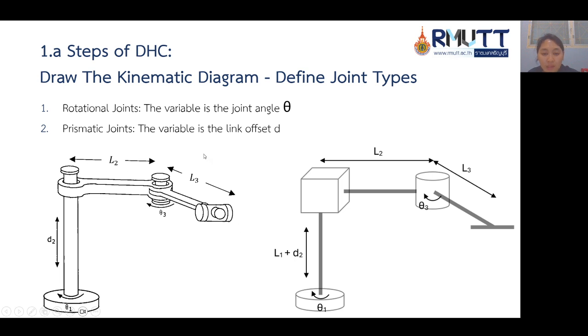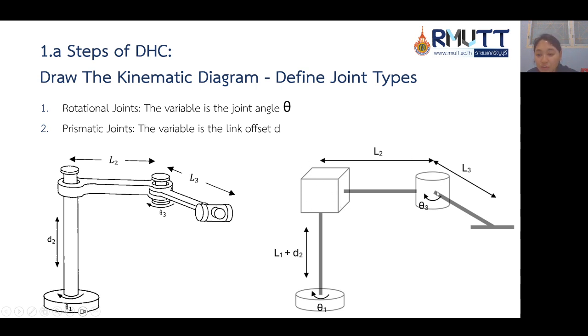We can see here the joint types. Joint 1 is a rotational joint. For joint 2, the second joint, this is the prismatic joint.